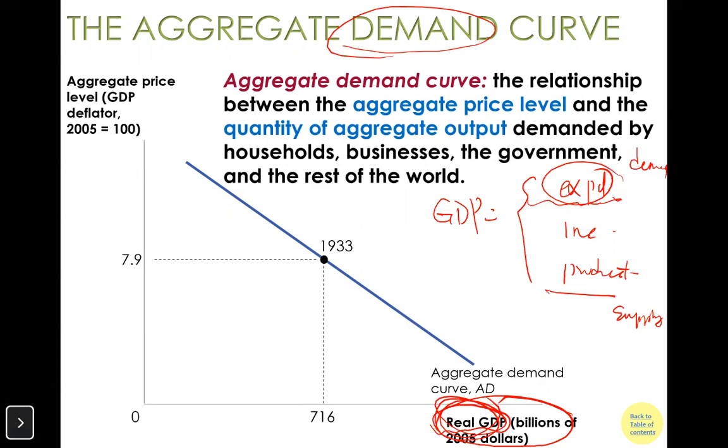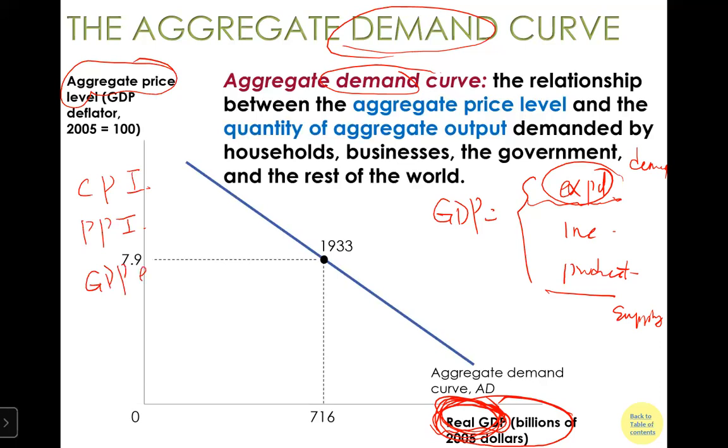And so this aggregate demand curve is the relationship between real GDP, or aggregate demand, versus the aggregate price level, right? I want to remind you, we have looked at a couple of different measures for aggregate price, including CPI, including PPI, including GDP deflator. Those are the price indexes we have looked at.